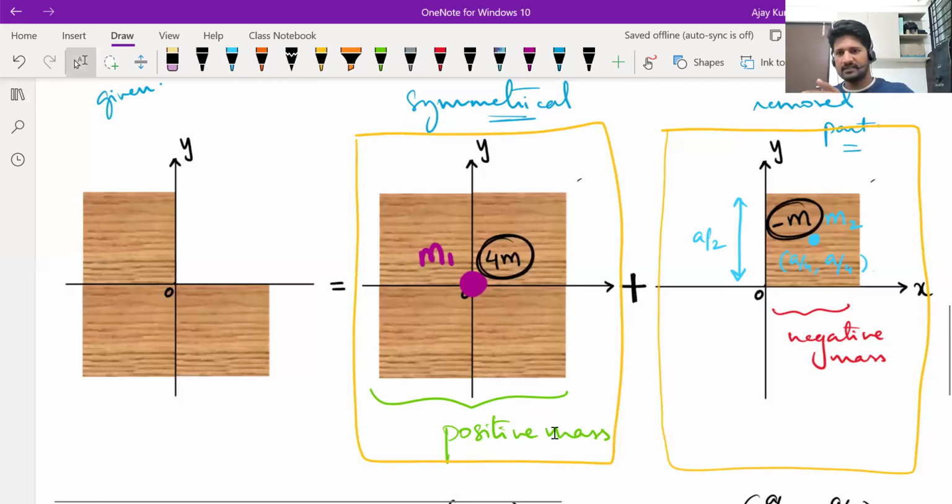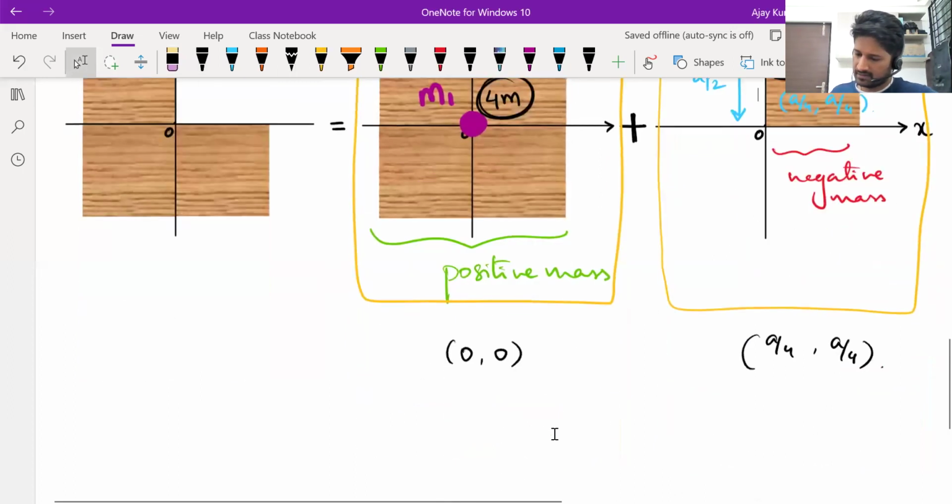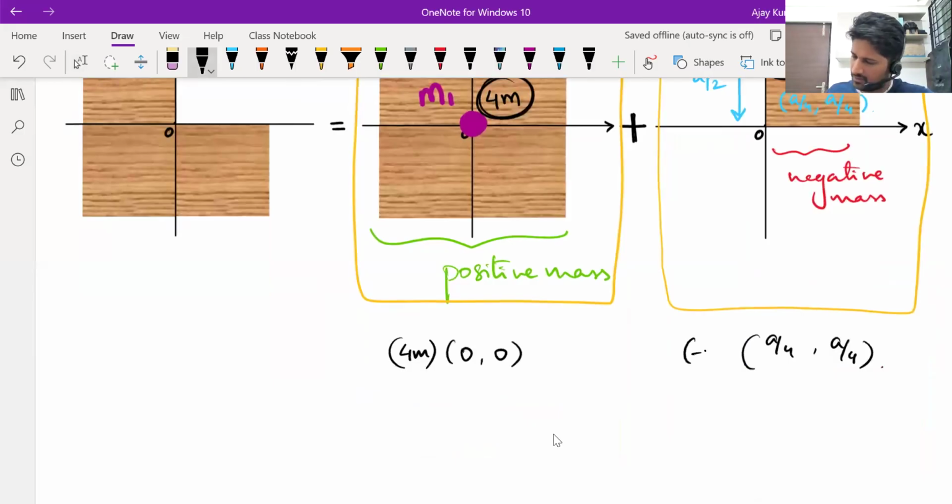Only if you treat it as negative mass, the collection of these two becomes the original system on the left. So one mass is 4m, the other mass is minus m. As it is, we'll substitute in the formula for center of mass. So 4m is at 0, 0. Minus m is at A by 4 comma A by 4.